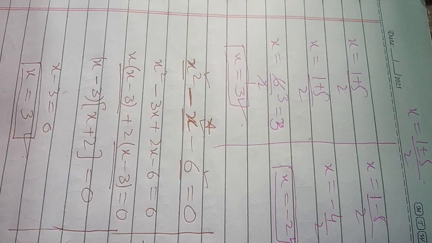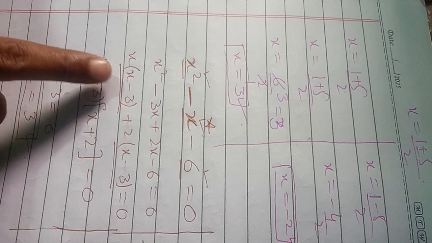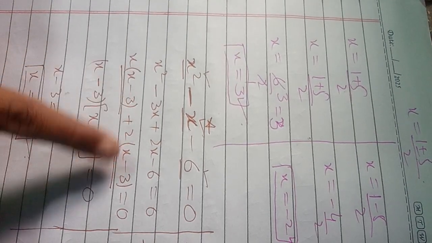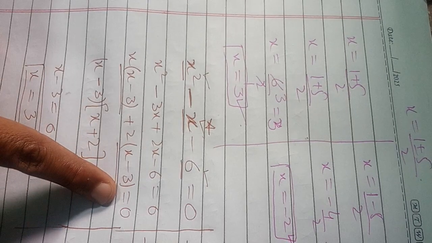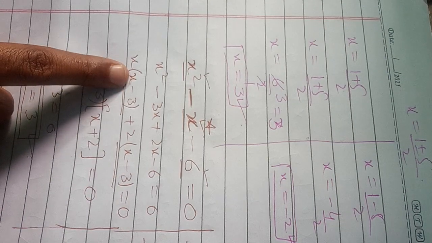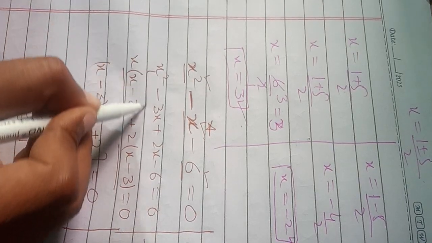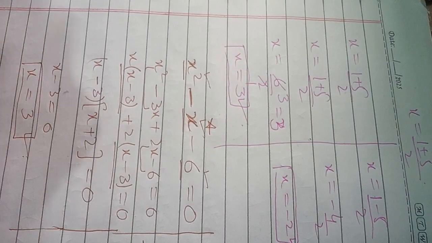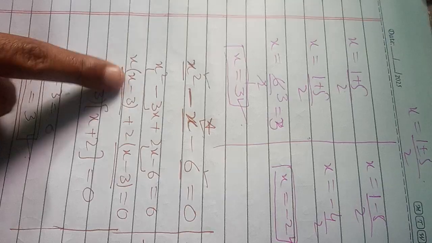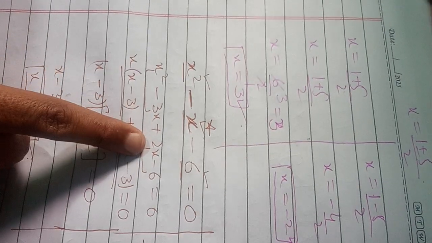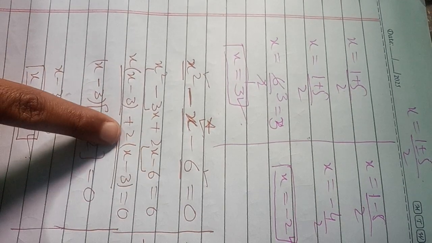If our factorization is correct, then we will receive the same remaining term in both pairs. You can say this is the first pair, this is the second pair. When we factorize the first pair we have received x minus 3, and when we factorize the second pair we have received x minus 3.